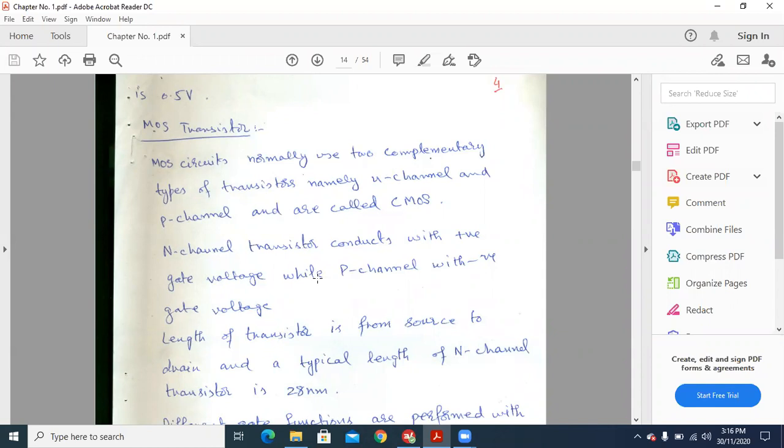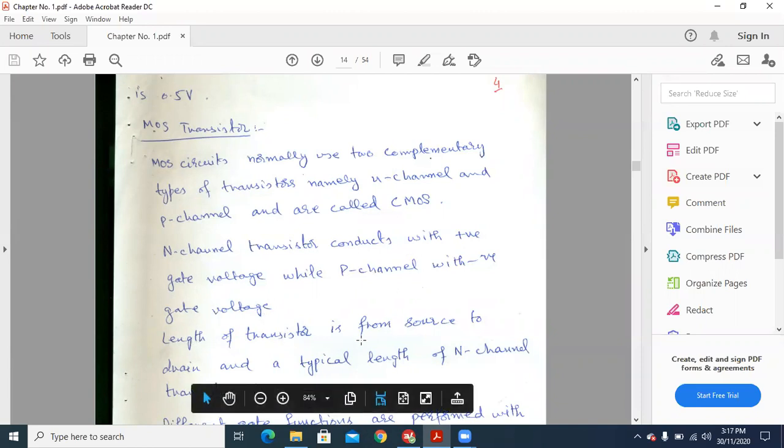The gate terminal is just to turn on and off the transistor. So for NMOS, we have the positive gate voltage to turn on the transistor, and for PMOS, we have the negative gate voltage to turn on the transistor.